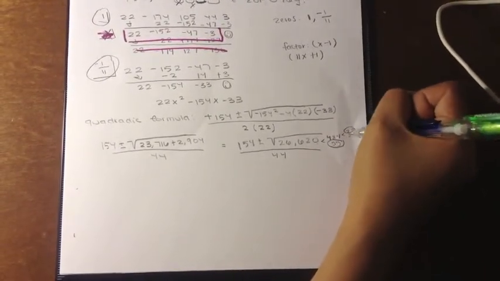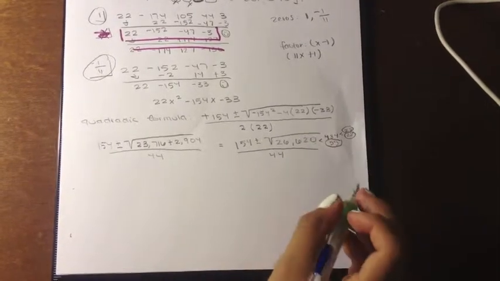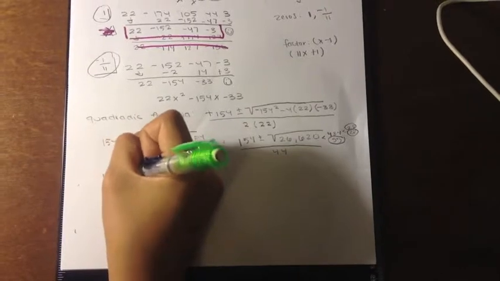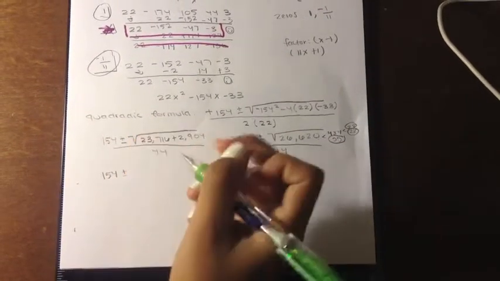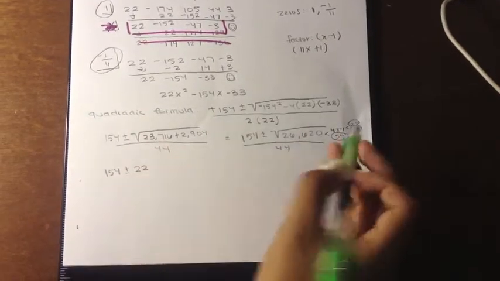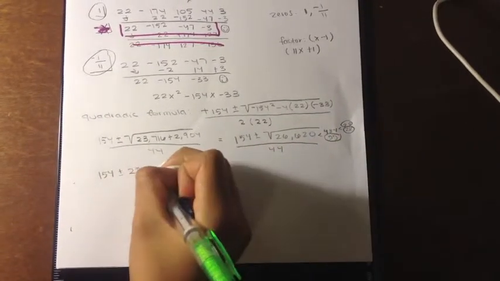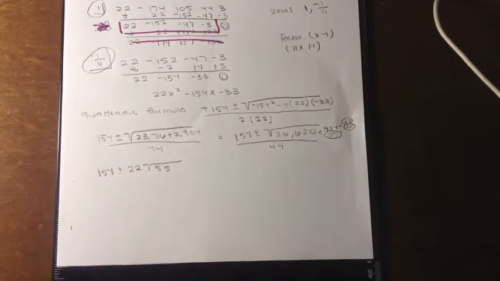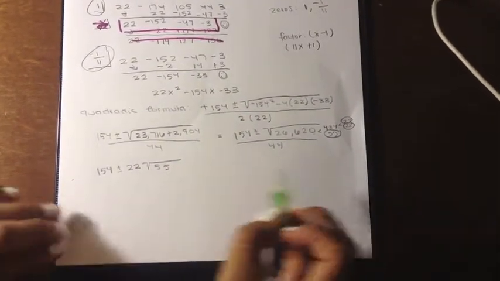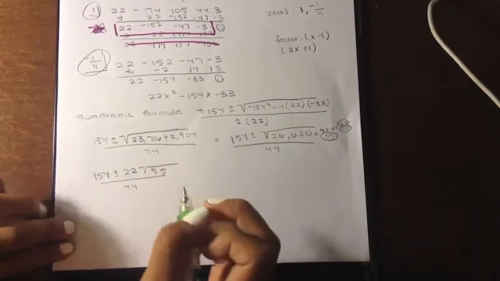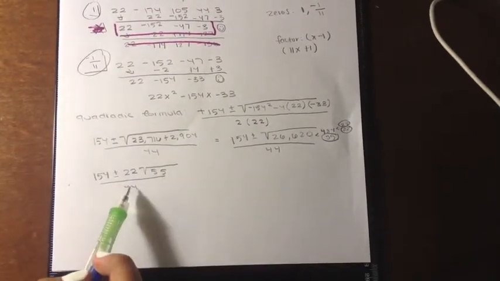So we can pull 22 out, and the 55 will stay in. So we can rewrite that as 154 plus or minus 22, because we took it out here, radical 55 over 44.